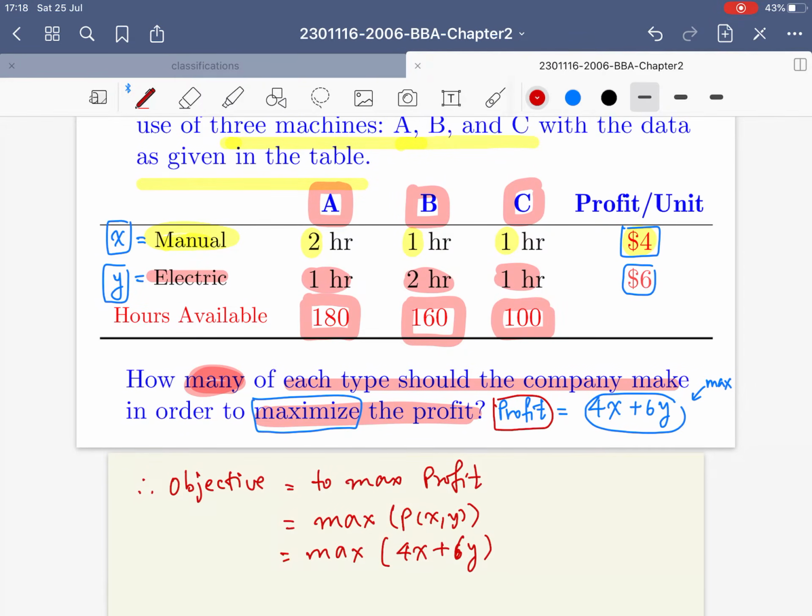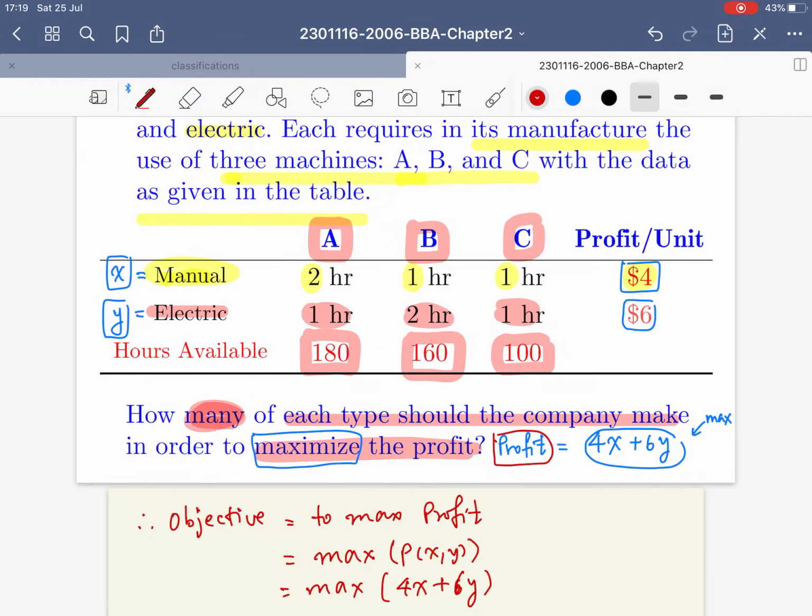Do we have some constraints or conditions? Of course we do. For example, machine A can operate not beyond 180 hours.